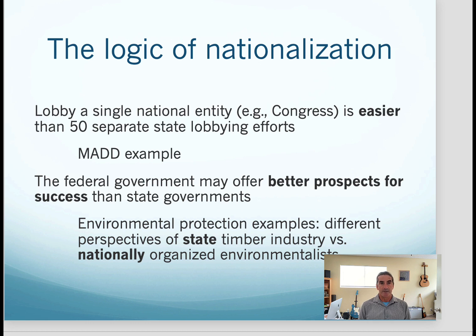That might not be a particularly high priority in states in which timber and the foresting industry is an important part of the state economy. So there's much more likelihood of success in preserving endangered species with national legislation than there might be going on a state to state basis.